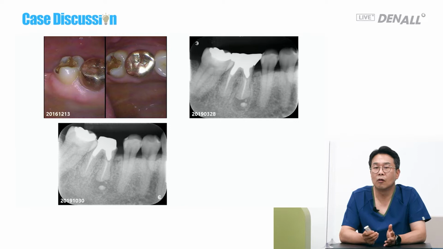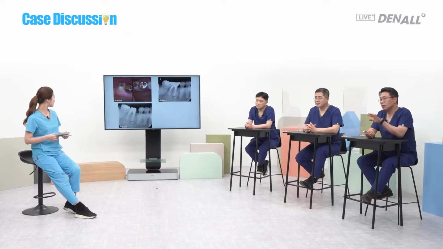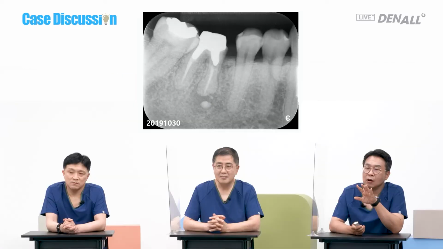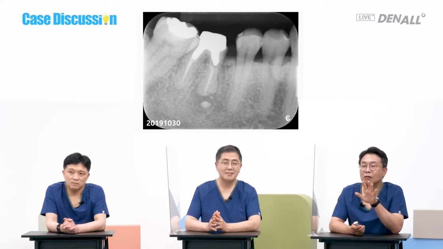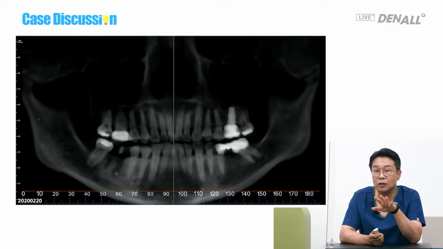There is not much chance of restoration, therefore we decided to extract and place an implant. It is extracted. I don't know what that is. After endo treatment, in the radiolucent lesion, there is a radiopaque mass. I tried to remove it, but I couldn't find it. I really tried to remove it, and I don't know what that is. I thought it would be some foreign body, but I couldn't remove it.